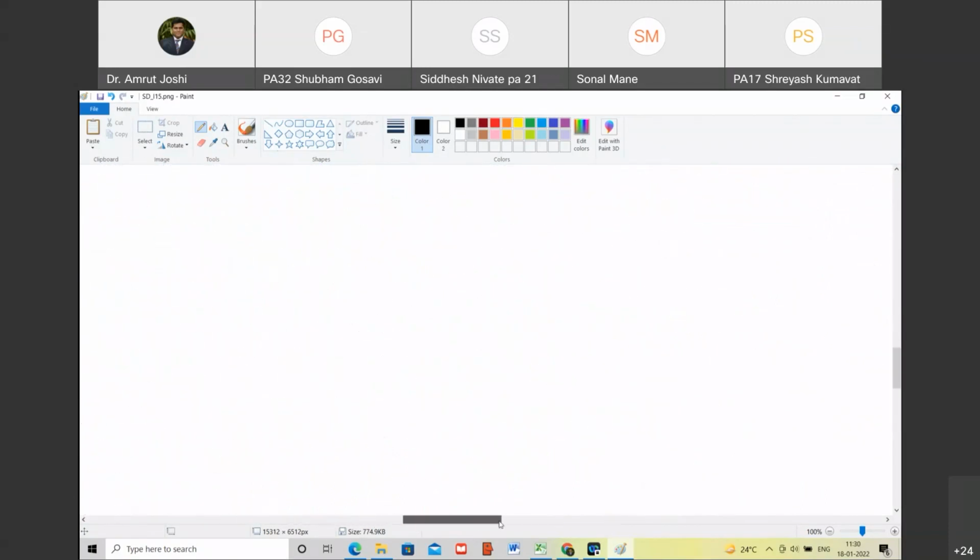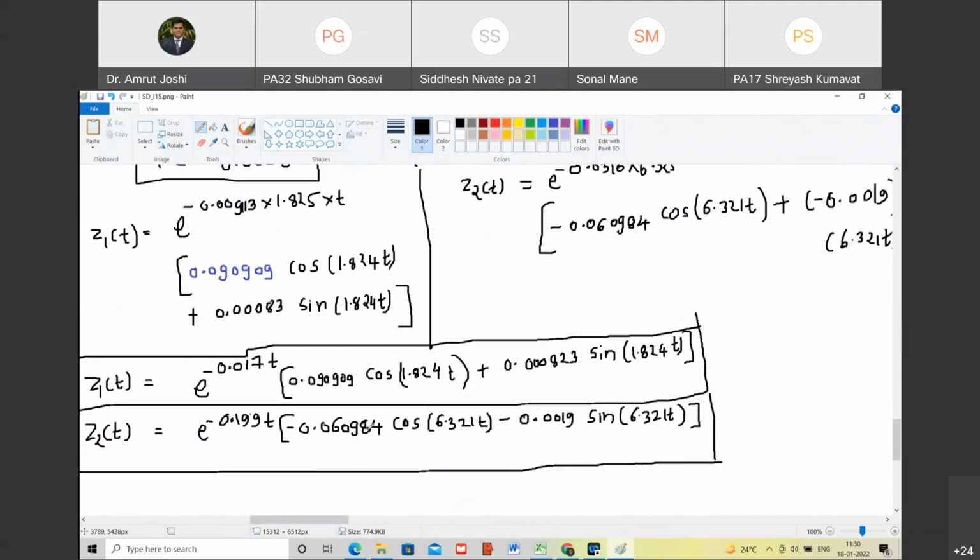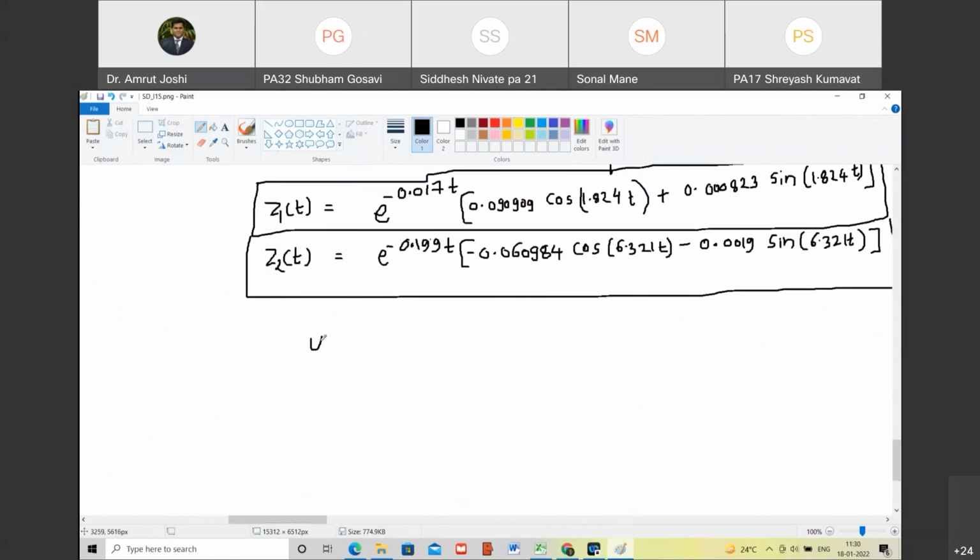Yes, sir. So how do I get the response in the original coordinate system? That's very easy. You already have the transformation. What is the transformation? U of t is a matrix. Its size is 2 cross 1. What are the elements? U1 of t and U2 of t. Are you with me? Yes, sir. These are the elements of this matrix.